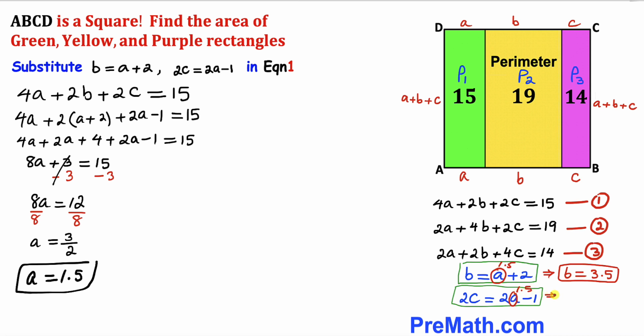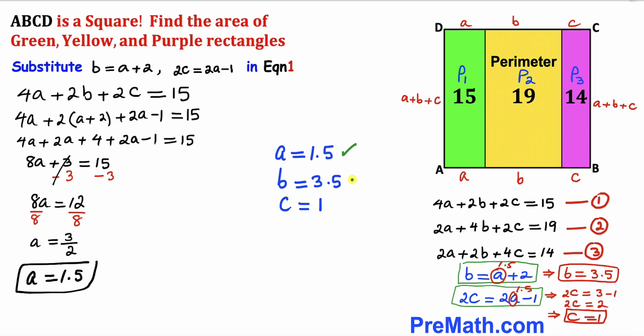So that means 2c equals 2 times 1.5, which is 3, minus 1. So 2c equals 2, which means simply c turns out to be equal to 1. So our a value is 1.5, b value is 3.5, and c value is 1.